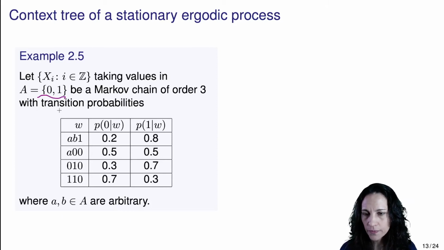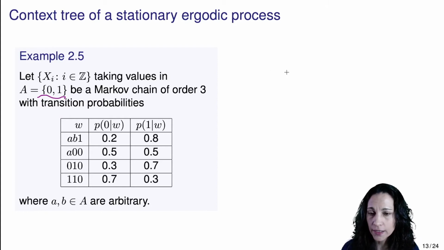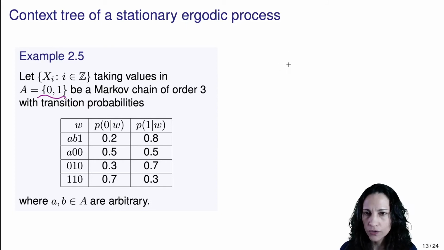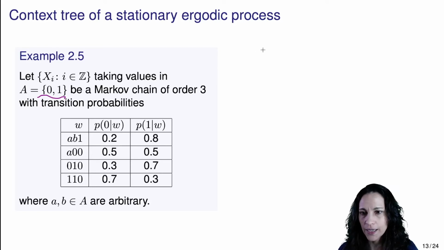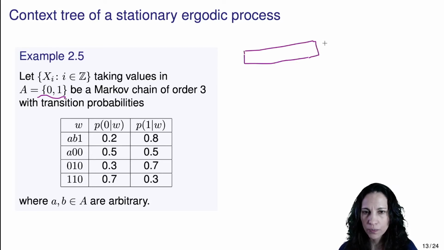If you do not know what a Markov chain is, we recommend checking any book on stochastic processes, but informally speaking, a Markov chain is a process where, in order to predict the next symbol in your sequence, you need to know a fixed portion of the past.